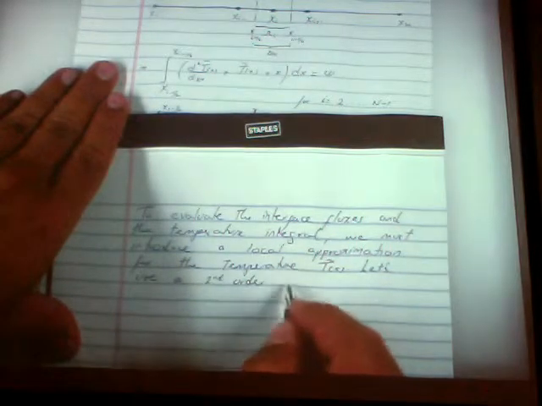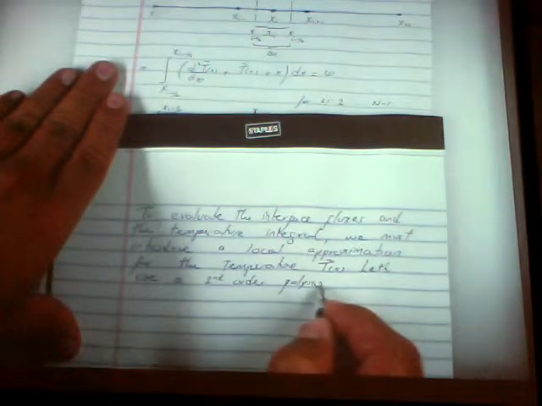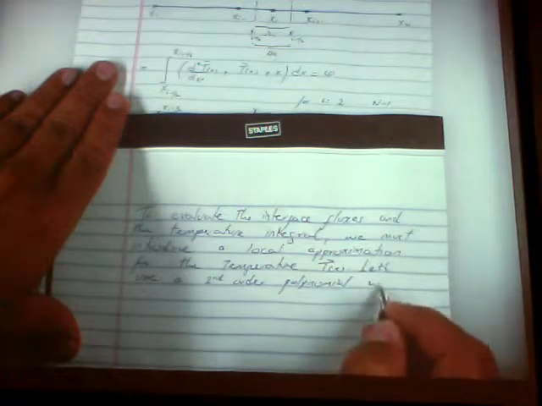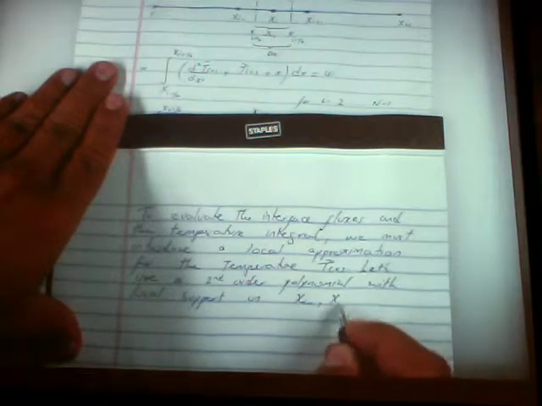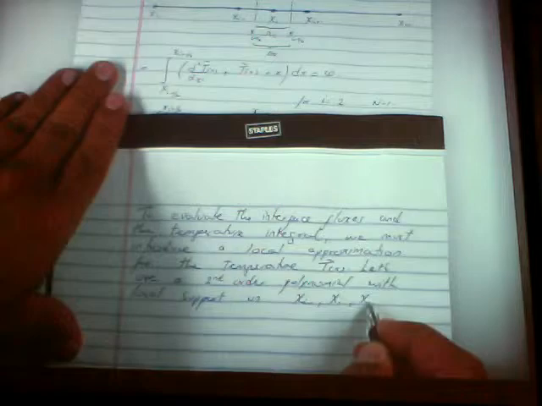Three nodes will give you exactly a parabola. Let's use a second order polynomial with local support on x_i minus 1, x_i plus 1.